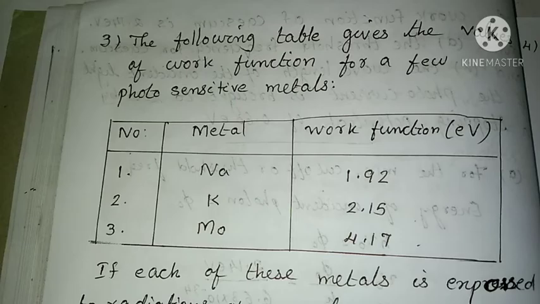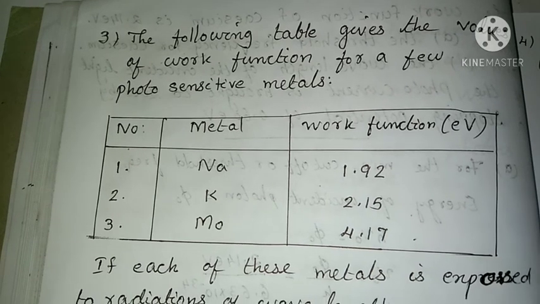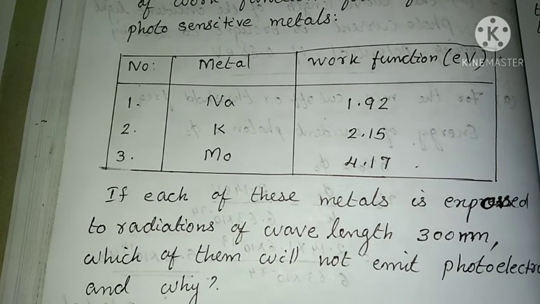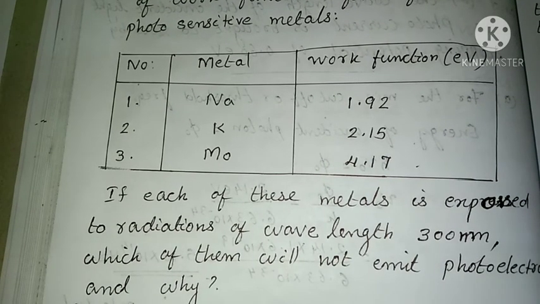Okay. Question number 3. The following table gives the values of work function for a few photosensitive metals. Sodium metal work function 1.92 electron volt, potassium 2.15 electron volt, molybdenum 4.17 electron volt.